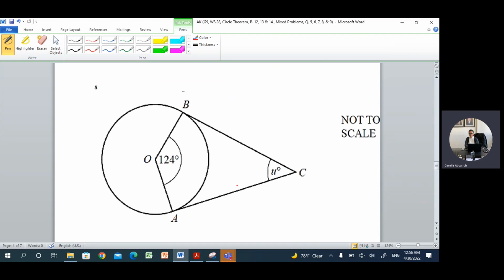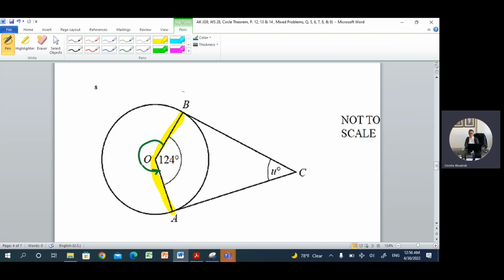So by looking at the shape, the first thing I could think of is angle AOB, which is an angle at the center, but there is no angle at the circumference. So I can only think of this reflex angle, which is equal to 360 minus 124.